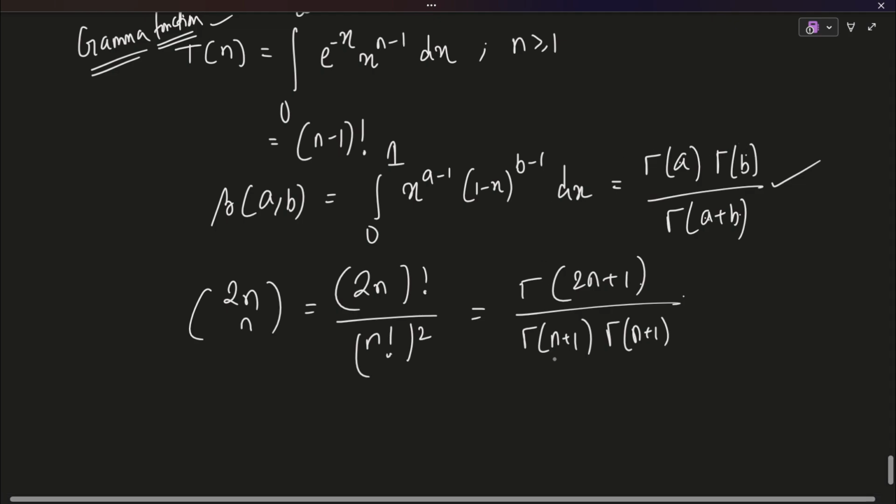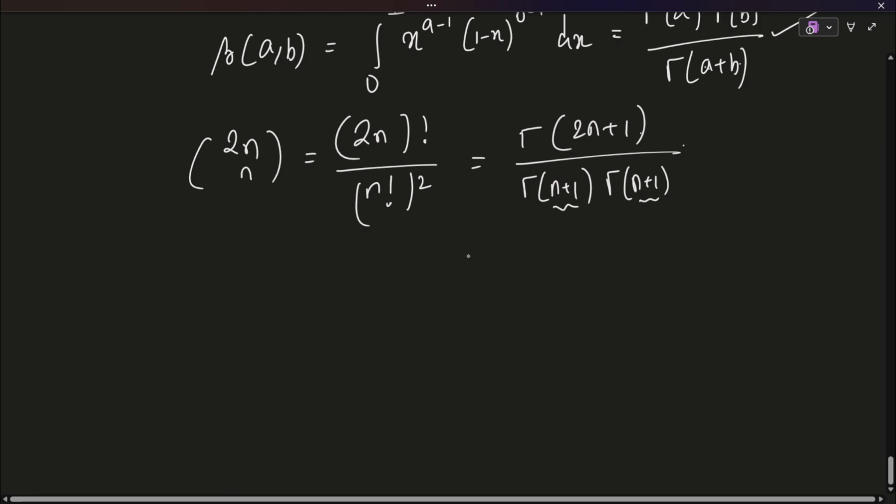But here you can see our a's and b's add up to 2n plus 2, which is not the case here. But we can change that easily, because we can introduce a 2n plus 1 in the numerator and the denominator, so that 2n plus 1 into gamma of 2n plus 1, which is basically 2n factorial, right? Divided by gamma of n plus 1 into gamma of n plus 1.